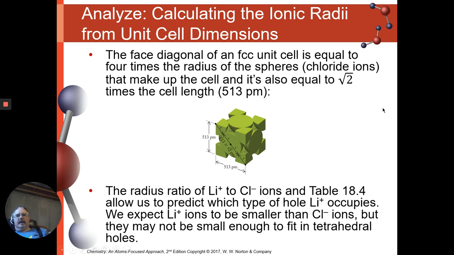Okay, so we can find the radius using the Pythagorean theorem. And that comes out to 5.13 times the square root of 2 picometers.